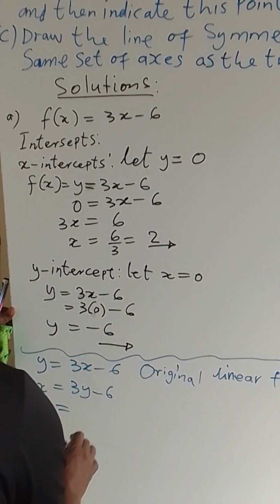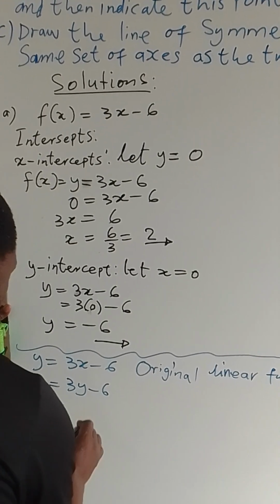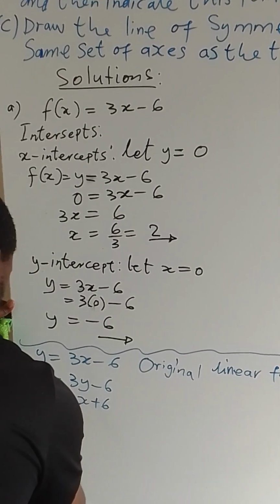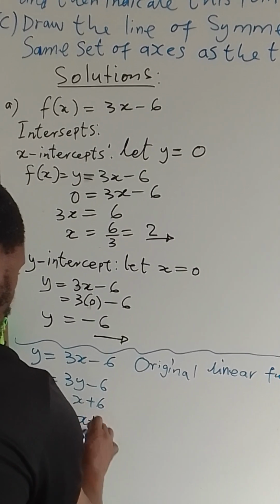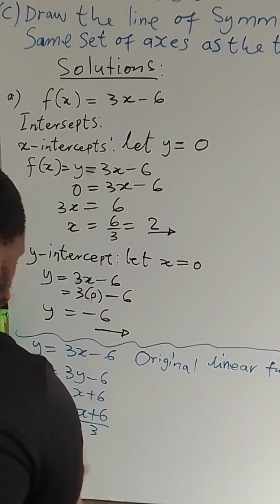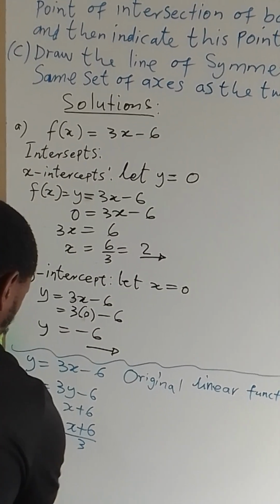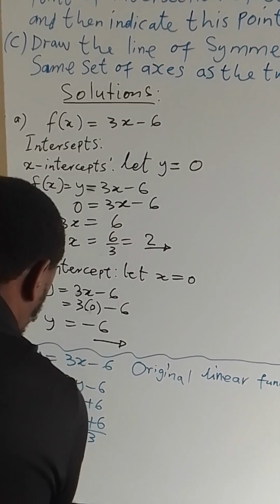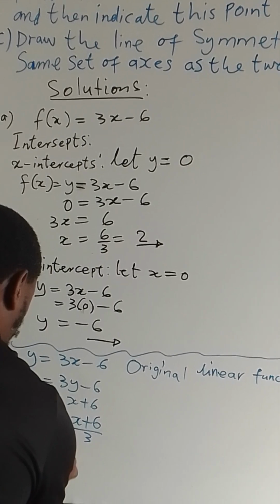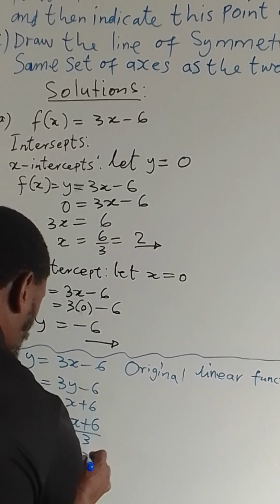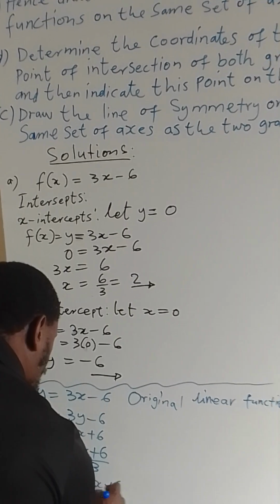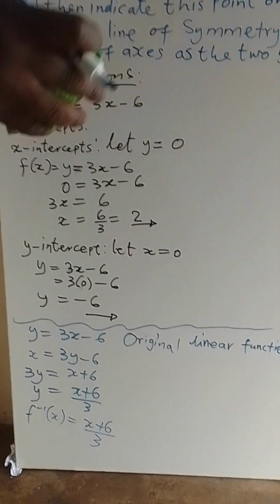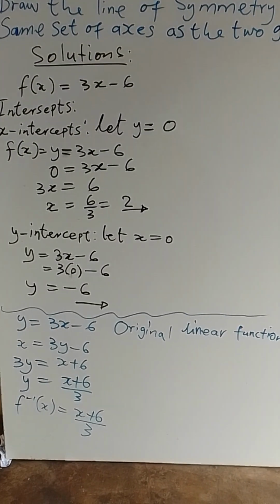Therefore, 3y = x + 6. y = (x + 6)/3. Now this is the form of f⁻¹(x) = (x + 6)/3. They said determine the inverse function in the form of f⁻¹(x) equals to that.